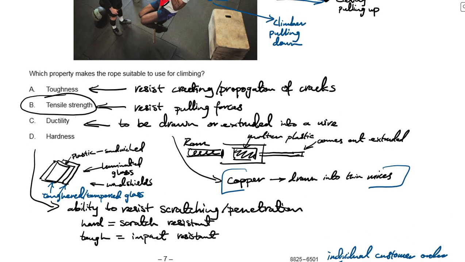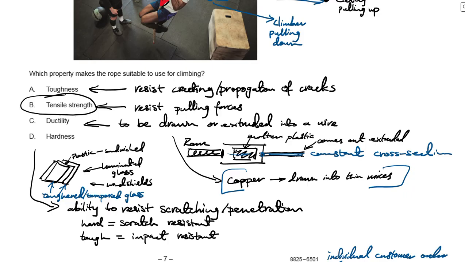But we can also have extrusion of plastic, right? So we have a ram, and we ram the molten plastic into an extrusion mold, let's say, and it comes out with this constant cross section, extruded, right? Constant cross section.